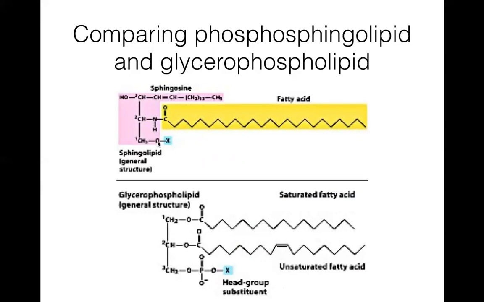Both of them contain a fatty acid that will serve as a tail, but the sphingophospholipid only contains 1 fatty acid, whereas the glycerophospholipid contains 2 fatty acids. So the head is the same. The head is composed of phosphate, shown here as an X. Whereas here we see phosphate also forming the head, and to the phosphate we can also add other components such as an amino alcohol.